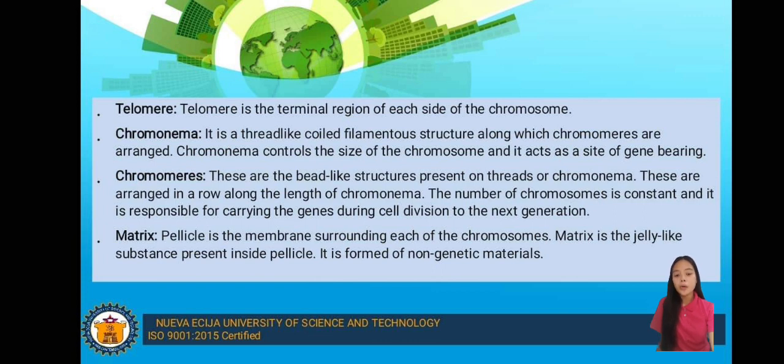Chromomeres, the number of chromosomes is constant, and its responsibility is to carry the genes during cell division to the next generation. And last, matrix. Each chromosome is bounded by a membrane called pellicle. It is very thin and is formed of a chromatic substance. This membrane encloses a jelly-like substance which is usually called matrix.